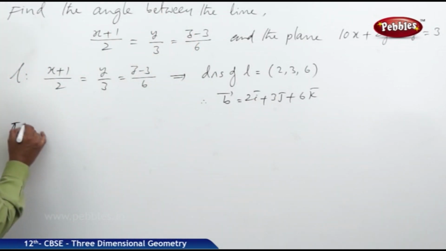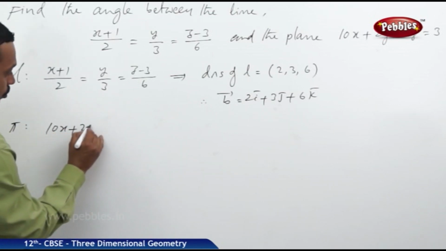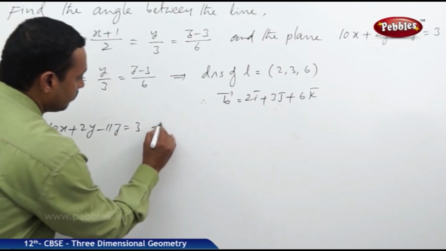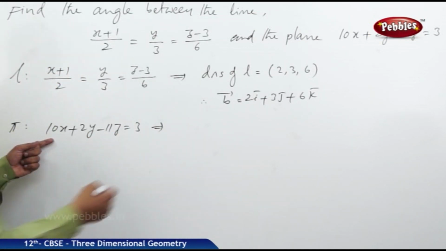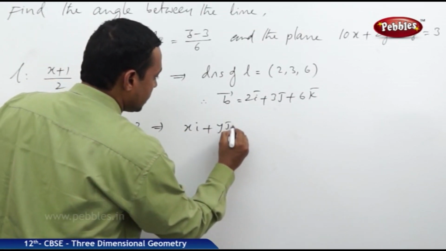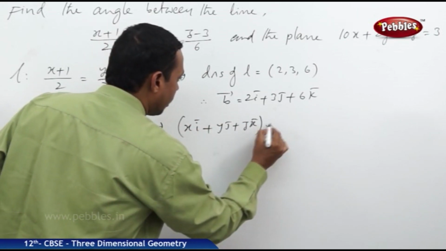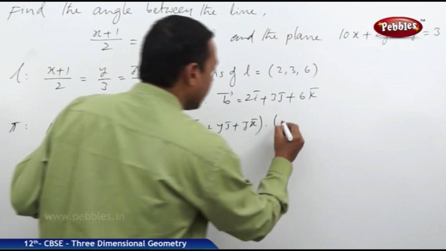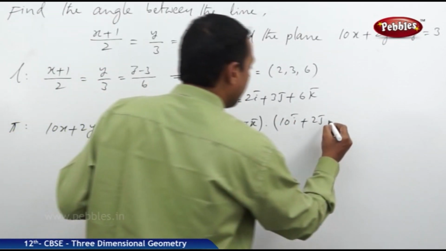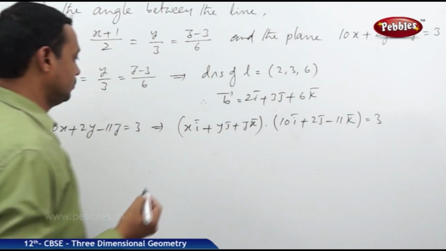Next, one plane is also given. What is that? 10x plus 2y minus 11z is equal to 3. Now we can make it into xi plus yj plus zk dot 10i plus 2j minus 11k is equal to 3.